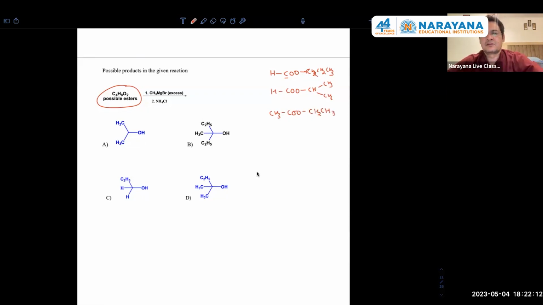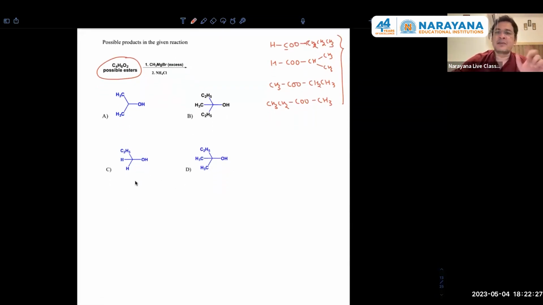So only 3 esters so far. If I shift 1 more carbon, ethyl here and methyl there. Don't shift this carbon because it will become acid. So 4 esters we are getting.